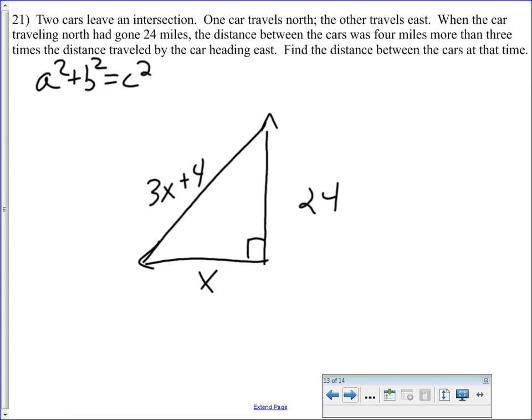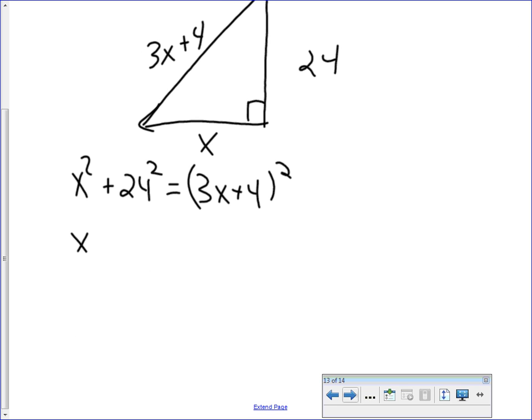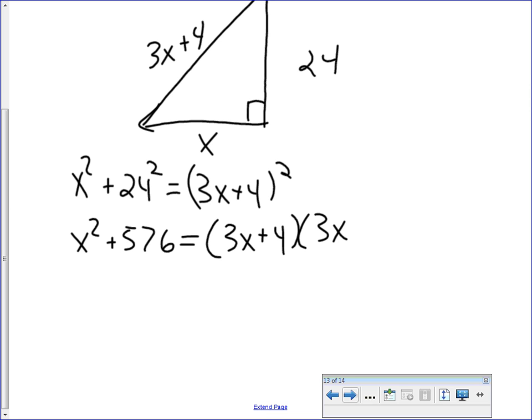And so now we just need to solve this. It's x squared plus 24 squared equals 3x plus 4 squared. So I'll get x squared plus 576 equals, all right, so you get to FOIL out 3x plus 4 times 3x plus 4.